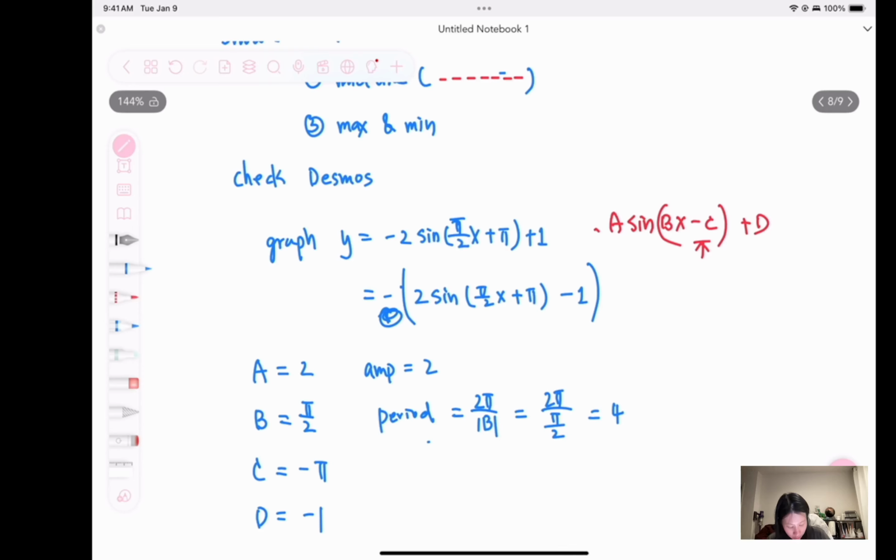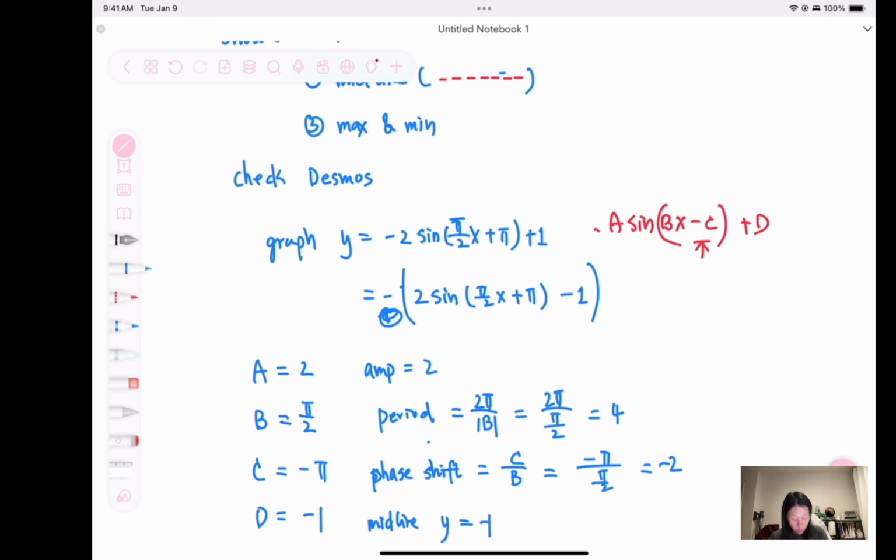So the phase shift is equal to C over B, where C is negative pi and B is pi over 2. So that gives you negative 2. That means the function is going to shift 2. And D is the midline, y equals negative 1.